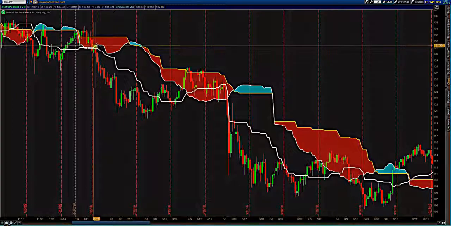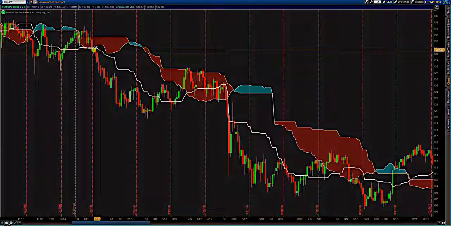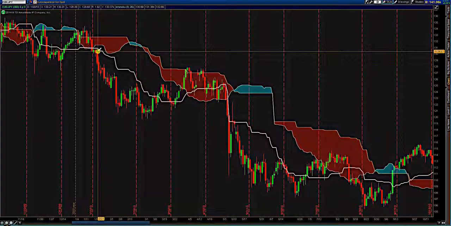So it broke below both. You would have gotten a trade around that 130.30 level, and perhaps you want to use the Kijun as your trailing stop, which is what we talked about, your resistance and your trailing stop.